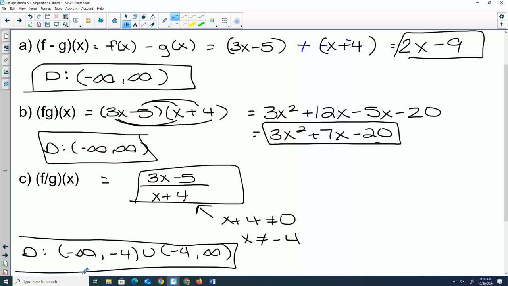No, because we're saying not equal, so we want to make sure it's a parenthesis there. Any questions so far?